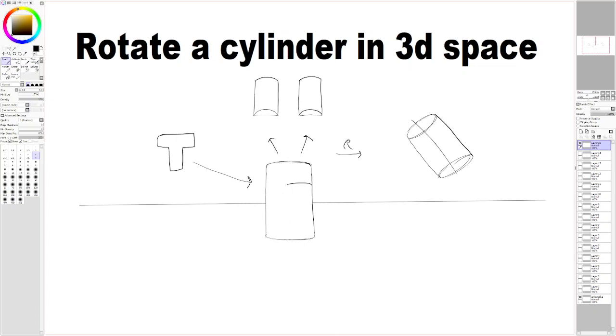Let's say that a portion of our T isn't visible, but another portion is, right? So I followed that line, the top of our T right here, to wrap around the curvature of our cylinder.